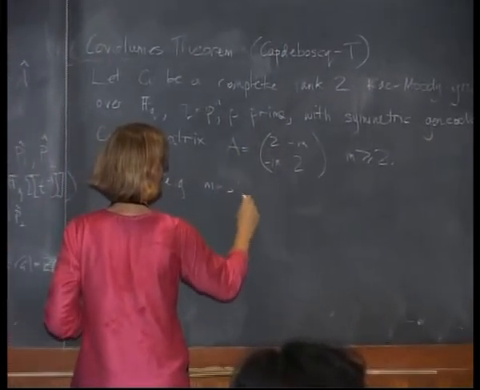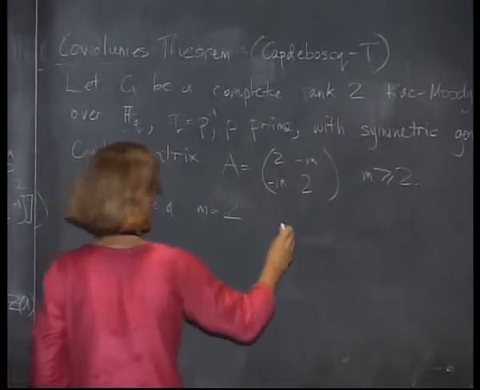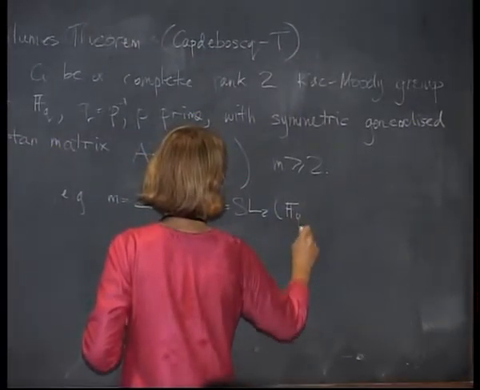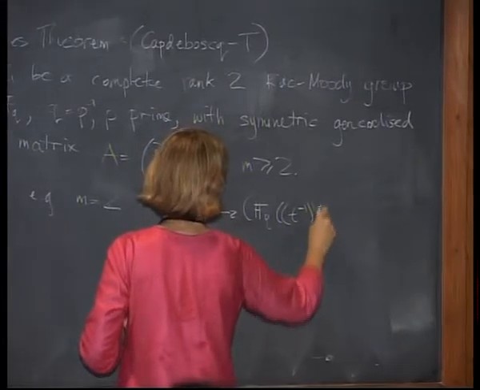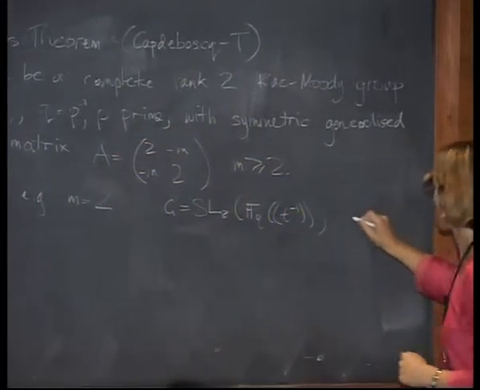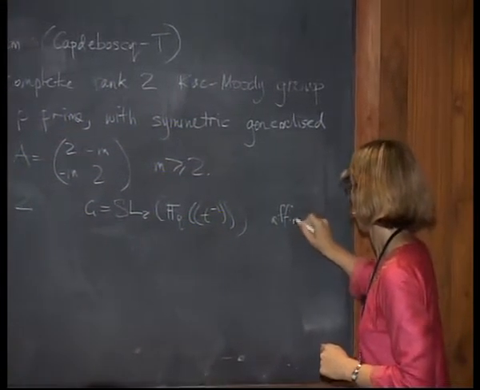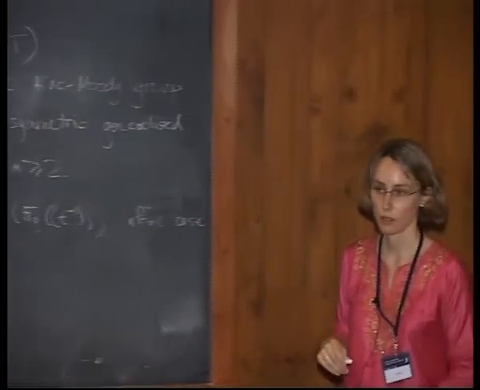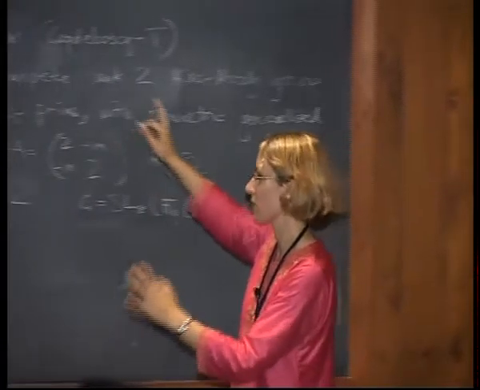So when m equals 2, an example of such a group is the example over there. And for short, I'll just refer to this as the affine case. This is a linear group. In general, these are not linear groups.